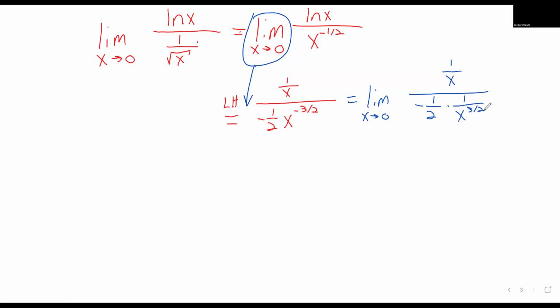We can write this as a single fraction, and then we can multiply by 2x to the 3/2. And if we wanted to, we could just go the full distance and multiply by negative 2x to the 3/2, just completely get rid of the denominator.